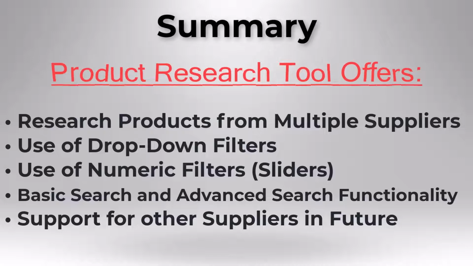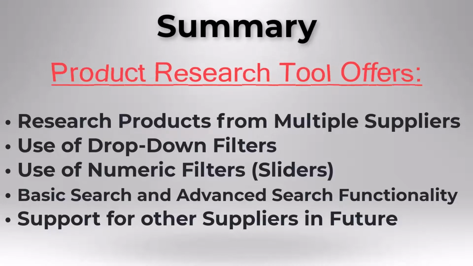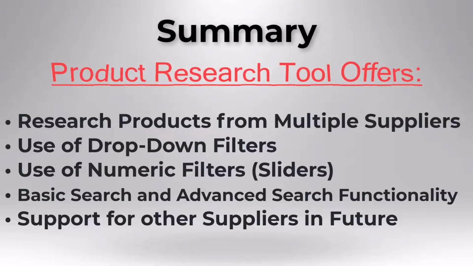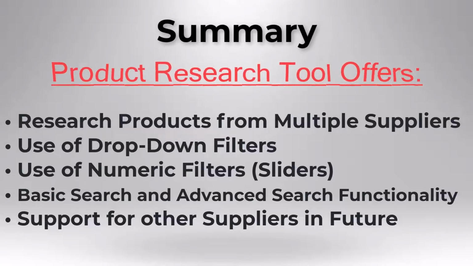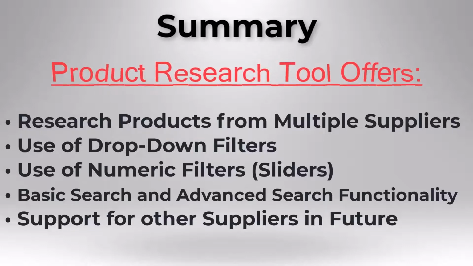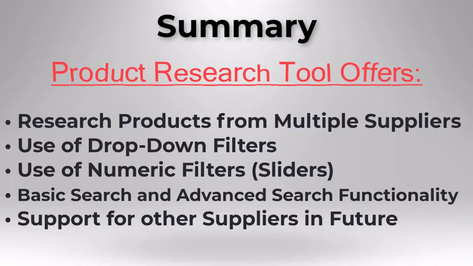Currently, we have data from 3 different suppliers, AliExpress, Dhgate, and Banggood, and we will be adding more suppliers in the very near future. So you can imagine how powerful the tool will become, where you can search multiple suppliers on a single user interface.